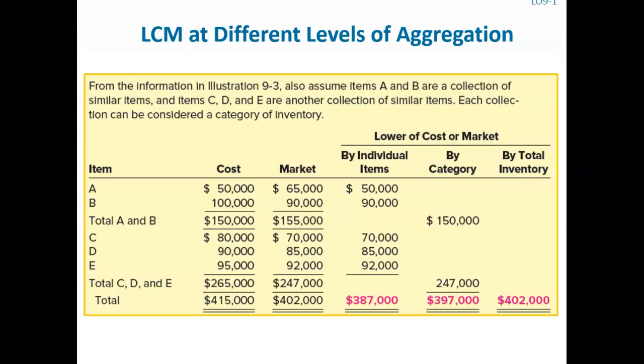The example we just saw calculates lower of cost or market on an individual item's basis. In this slide, cost and market are brought forward from the slide number 9-12.